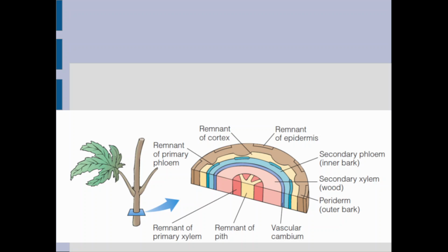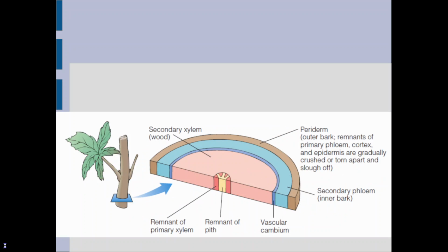And the cells of the vascular cambium produce and divide into the secondary xylem, that is wood. So this is a cambium, and this is a secondary xylem, or the wood that is used to produce furniture, for example.